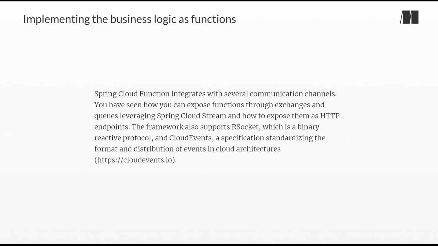Spring Cloud Function integrates with several communication channels. You have seen how you can expose functions through exchanges and queues leveraging Spring Cloud Stream, and how to expose them as HTTP endpoints. The framework also supports RSocket, which is a binary reactive protocol, and CloudEvents, a specification standardizing the format and distribution of events in cloud architectures, cloudevents.io.